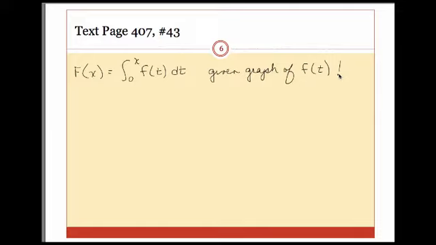Notice what you're doing is defining this capital F function as the integral of this other graph you're given. So the easiest way to think of this is to think of the f of t graph as like the first derivative of the function.